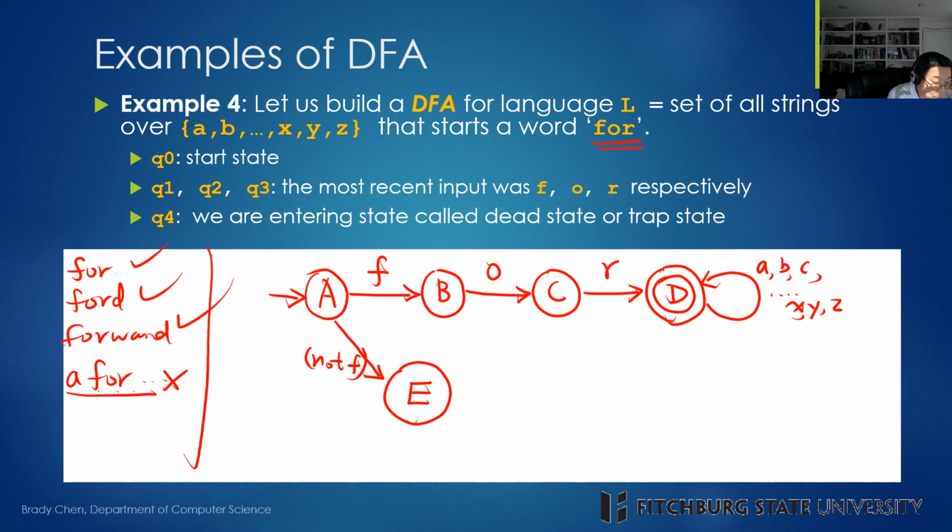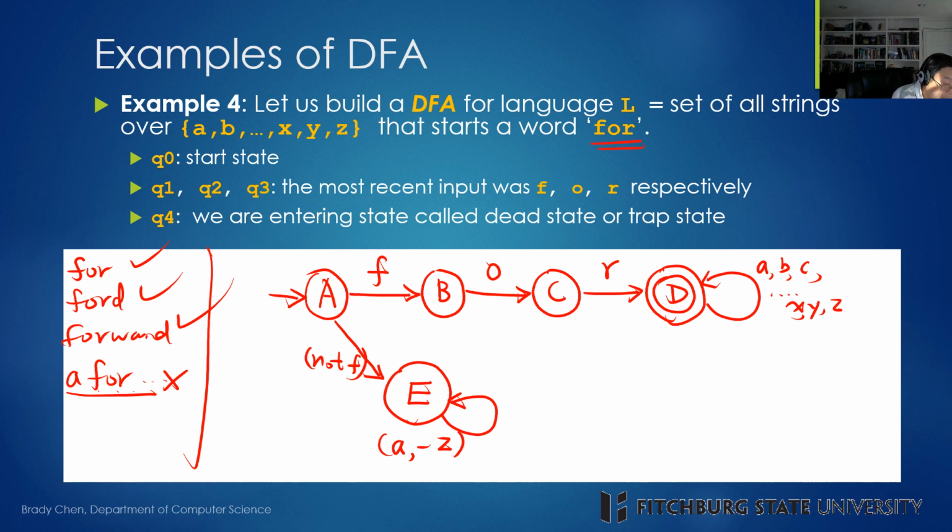Now, once we reach that state E, it really doesn't matter what the follow-up input value is, A to Z. They stay in that state, okay? Because any string starting with non-F is already not an acceptable string.